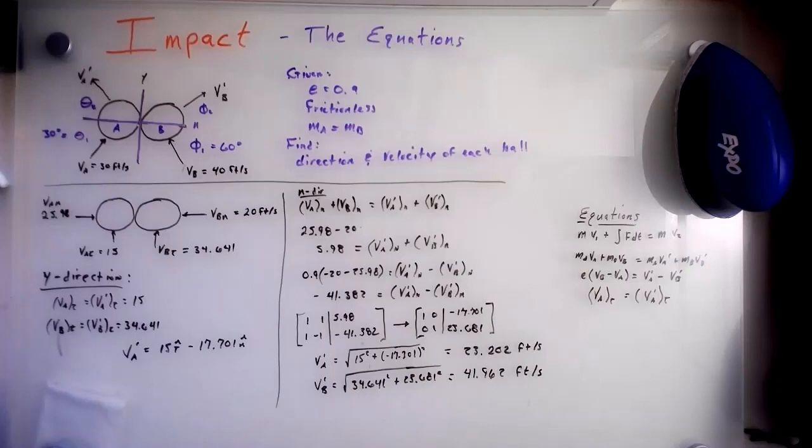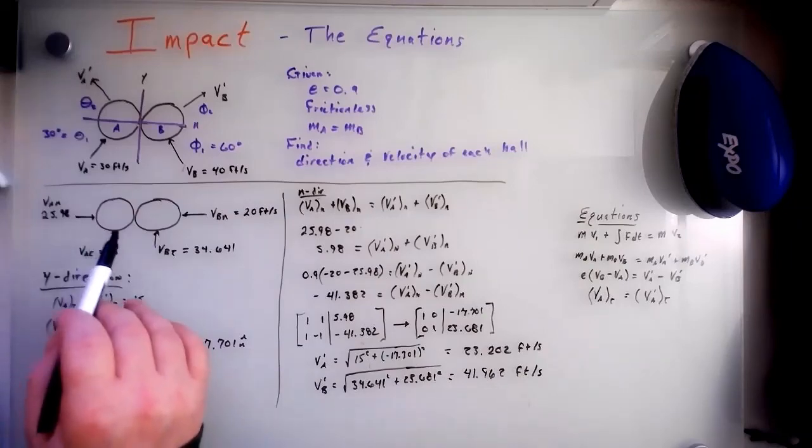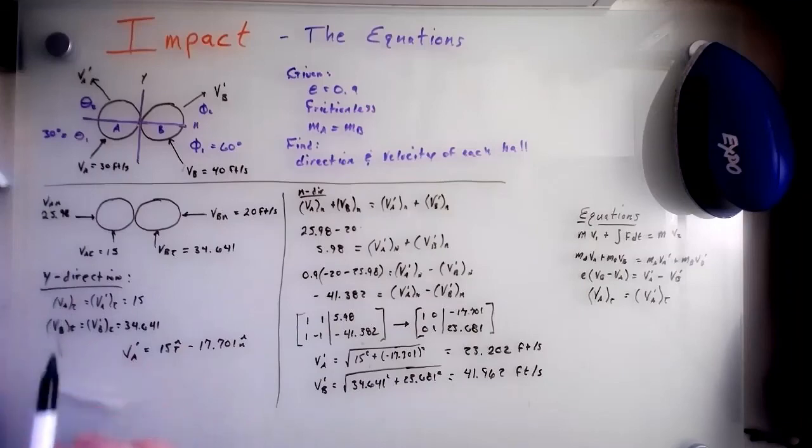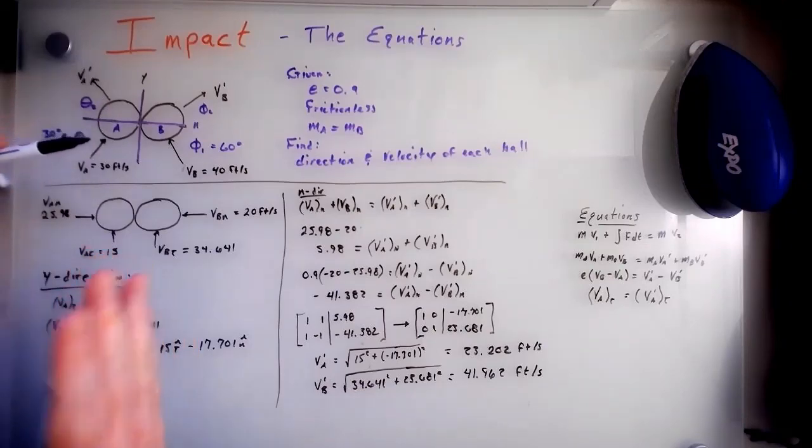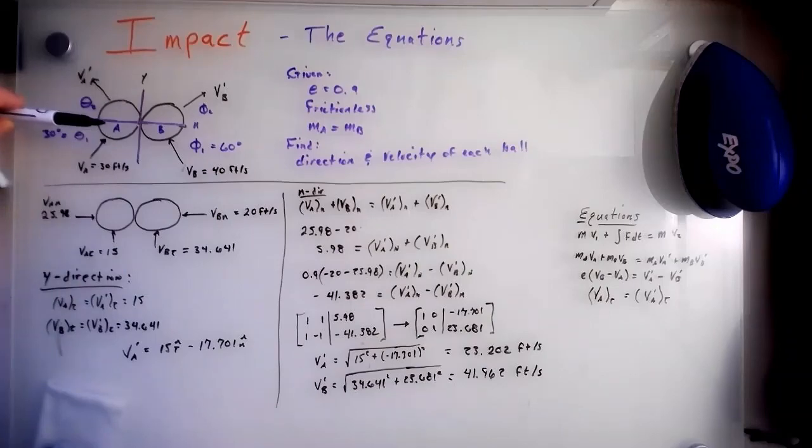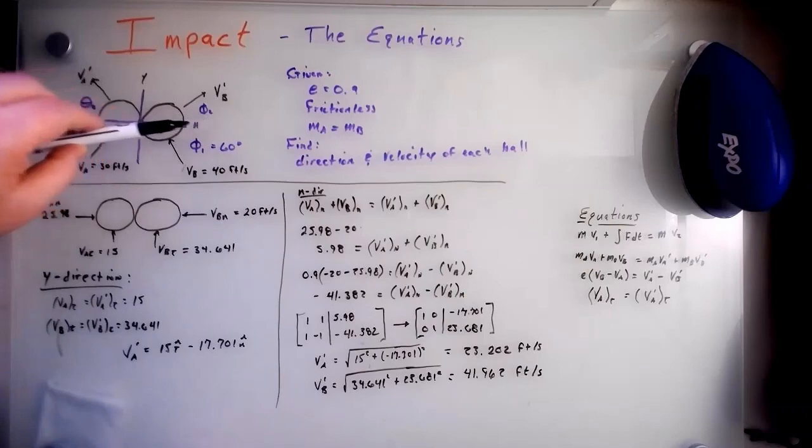So there's a transfer of energy, right? Relative to the line of impact here, the trajectory of A was closer to the line of impact, and so it transferred more energy across, right?